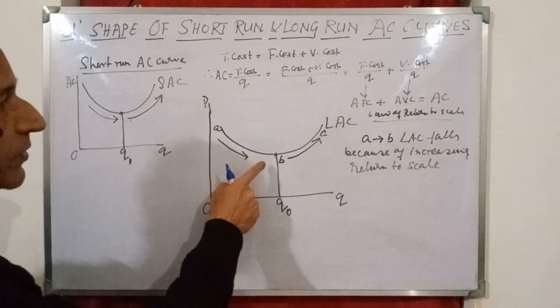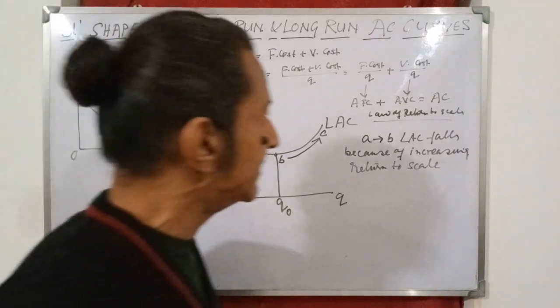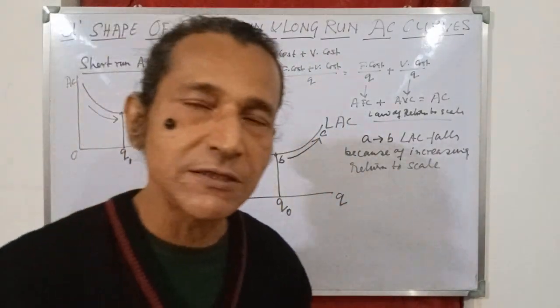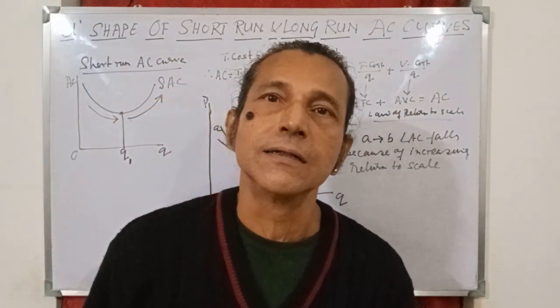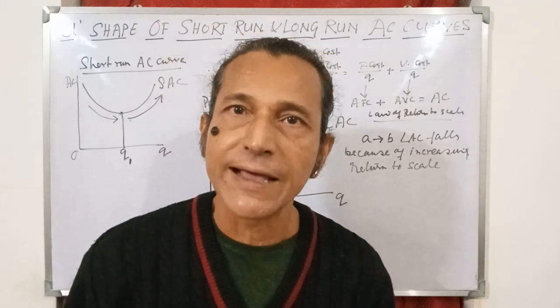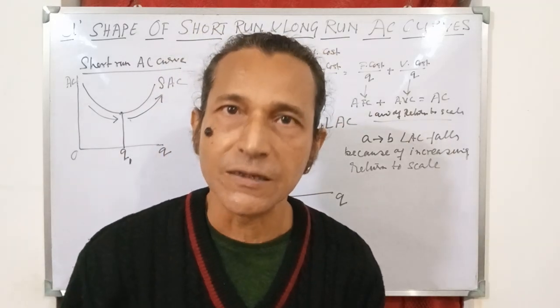From point A to B, increasing return to scale operates. This means output increases at a greater proportion than a given proportionate increase in input.